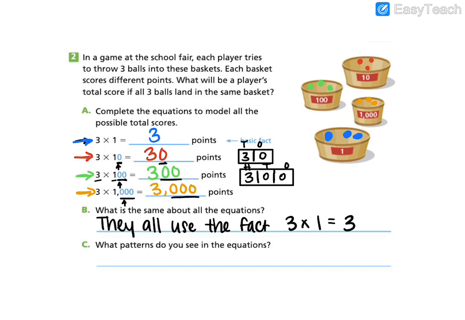So if my factors have 1 zero, then my product also has 1 zero. Again, we're relating this to the idea of place value, and that when we have our place value, the digit 0 corresponds to that factor.